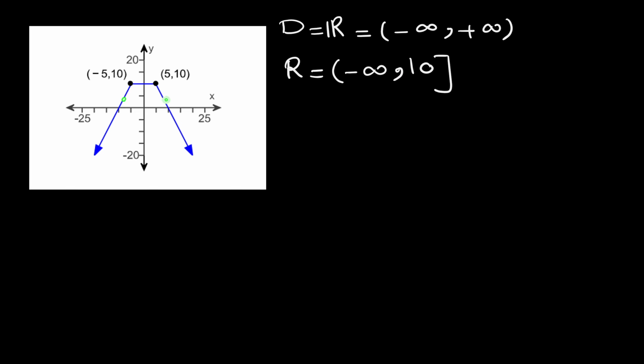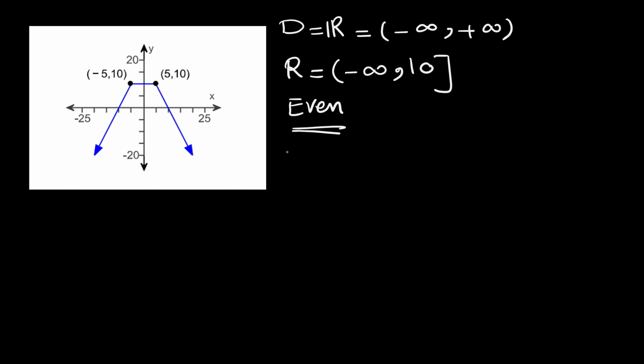And for any point in the first and fourth quadrant, there is another corresponding point in the second and third quadrant. So the y-axis is the axis of symmetry, and based on the graph of the function, we know that this is an even function.